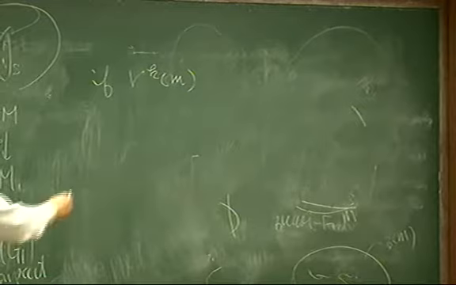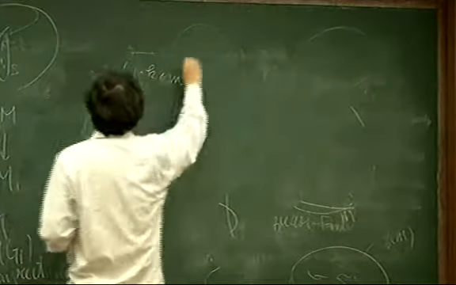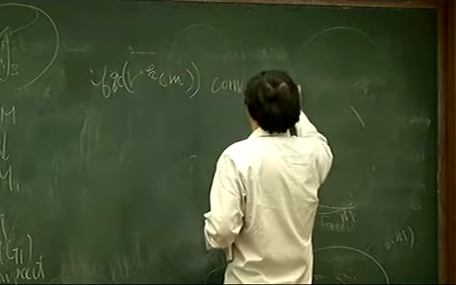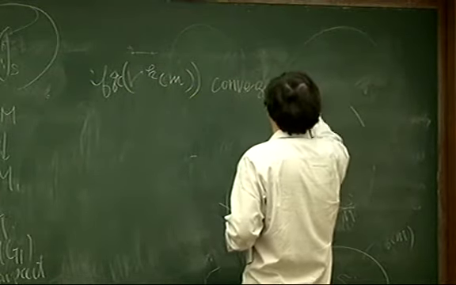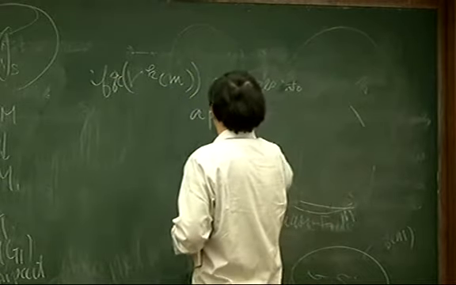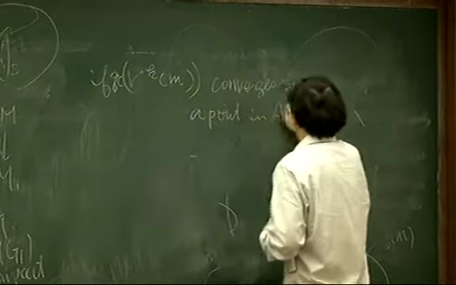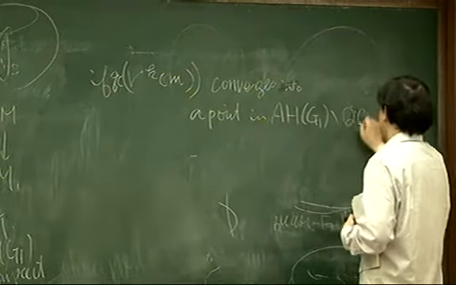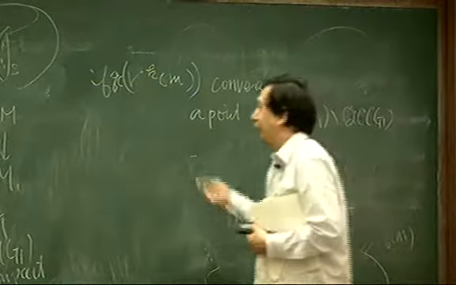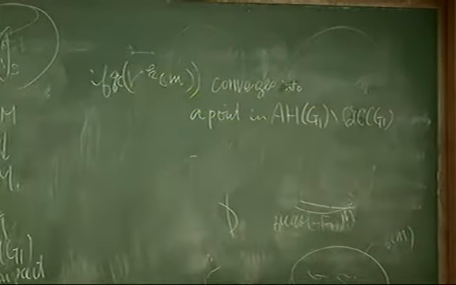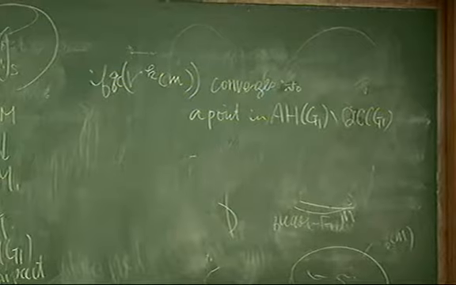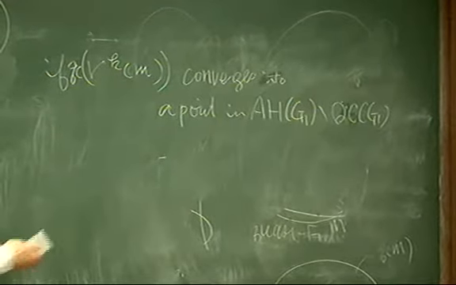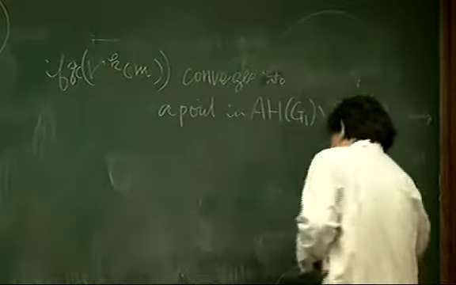So if QC of R^k M converges to a point in AH of G1 minus QC of G1, that is, if that converges to a boundary point of the deformation space, then you get a contradiction.